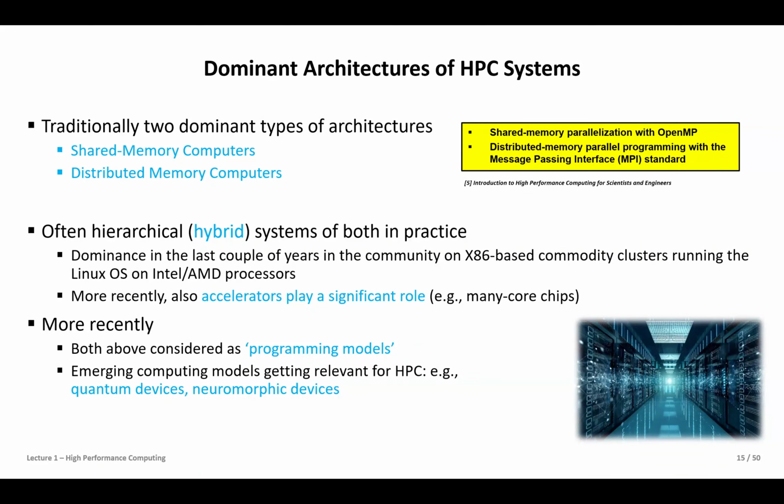More recently, of course, compared to these, we also have accelerators. Accelerators are NVIDIA GPUs, AMD GPUs, which are plugged on top of it for a different purpose. So this is something we will also establish in the course step by step. And this is where we then come to these many core chips. This accelerates certain problems. So in the end, it's a programming model, and we will look at this in the next couple of lectures.